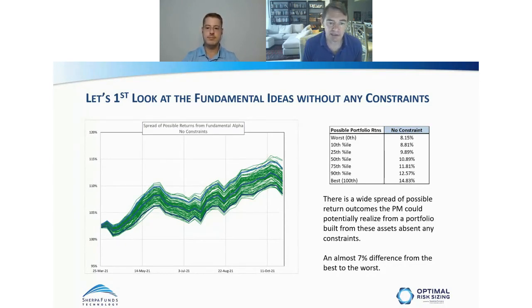And each little green line represents one possible construction, one possible portfolio that this manager could have built out of their selection of the 50 assets. So they have a universe, I can't remember their benchmark, but they have a universe of 2,000 assets. They pick 50.